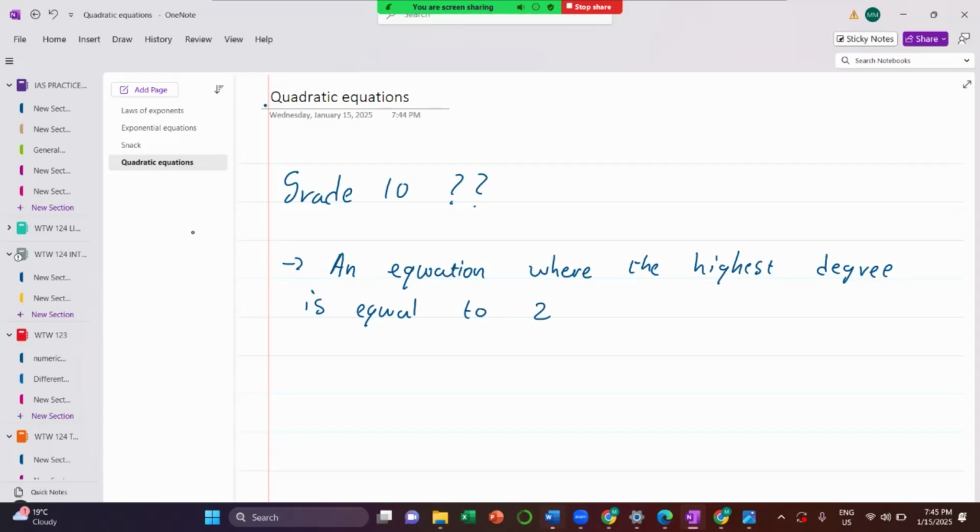So it is of the form ax squared plus bx plus c equal to 0. So this is the standard form of a quadratic equation. You are familiar with this, right? So this is just the standard form.